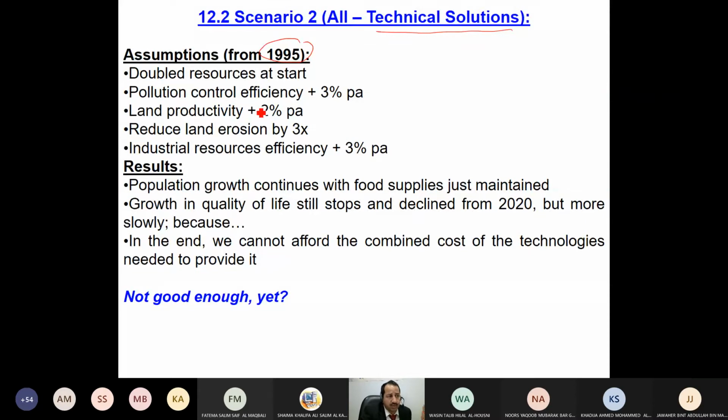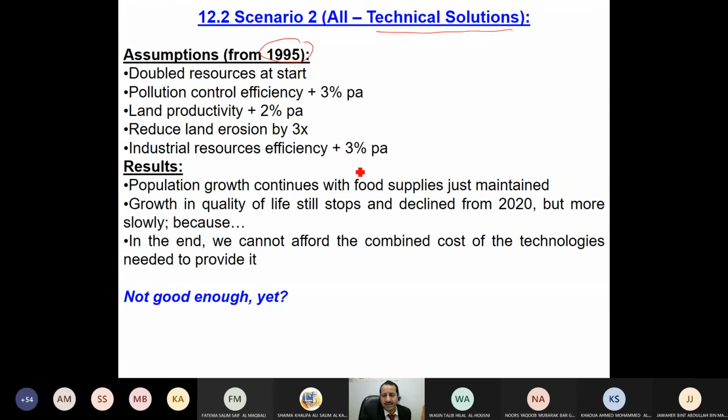Pollution to be controlled, efficiency to be controlled plus 3% per annum, per year. Land productivity plus 2% per year. Reduce land erosion 3 times, and industrial resources efficiency increased by 3% per year.